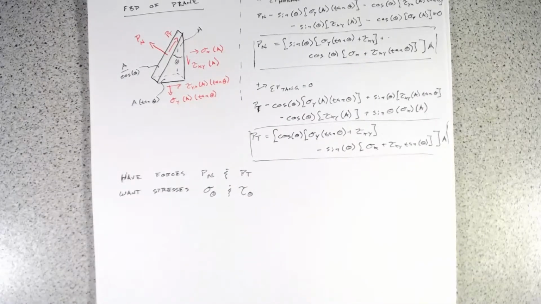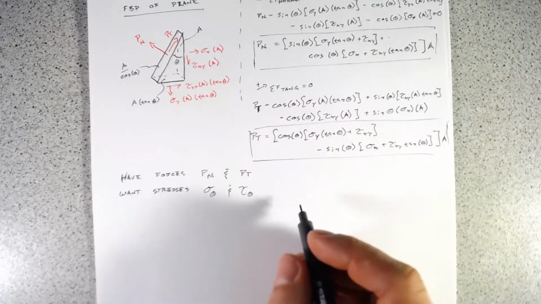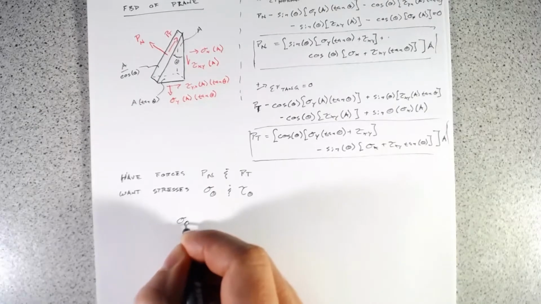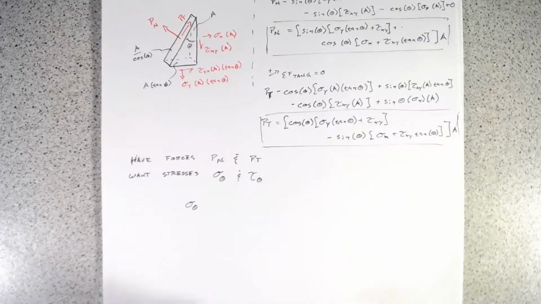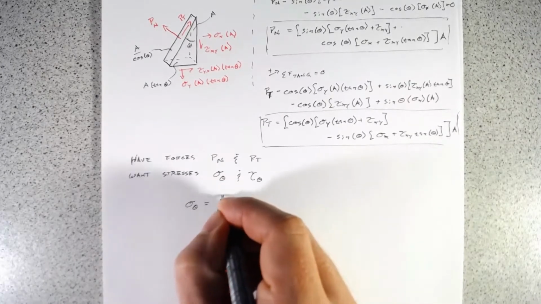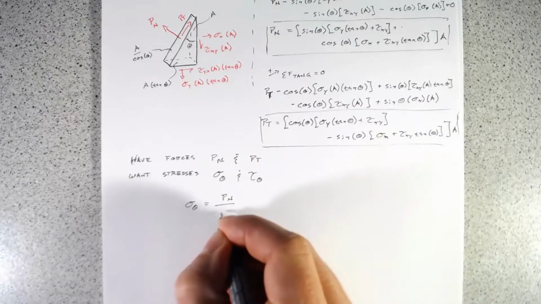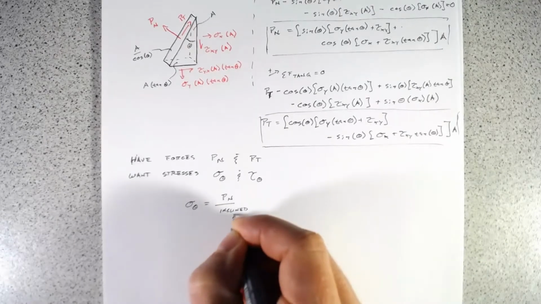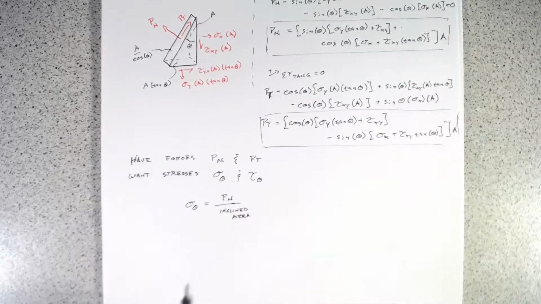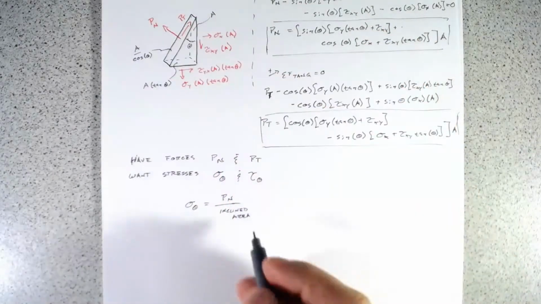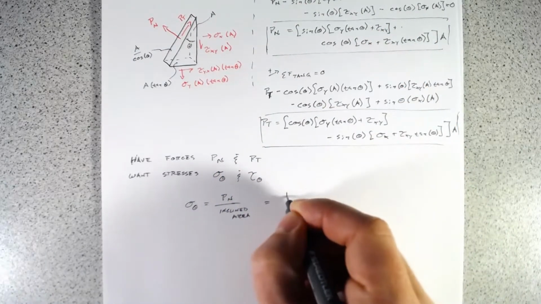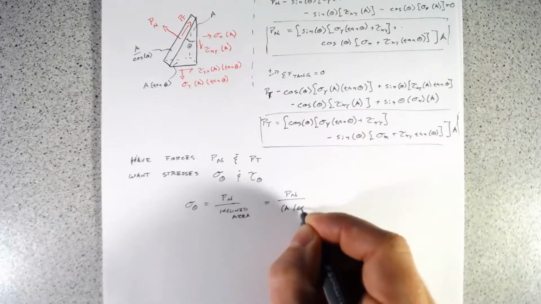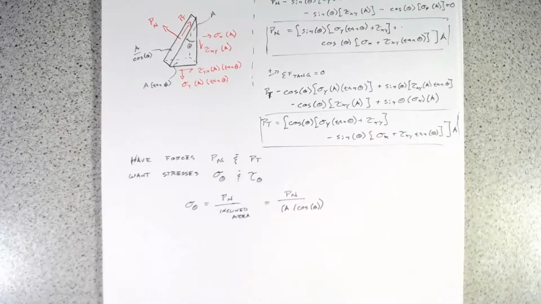So like I said, we want to turn these forces divided by this area into our transformed stress. So in order to do that, our normal stress at this angle is just going to be Pn divided by the inclined area, just this force divided by this area, and that equals Pn over A divided by cosine theta.